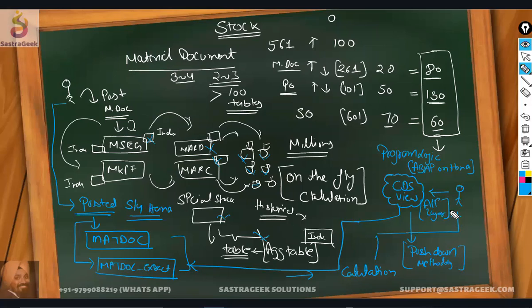So CDS views are pushing down and using SAP HANA capability. It's written in ABAP on HANA. It's using SAP HANA capability to do the fast, on-the-fly calculation. One of the participants was asking that the programs are still not that fast in our S4 HANA system because the old principles of coding have been used. Wherever calculation needs to be done, the statement is very right. ABAPers and the technical teams are not upgraded. They're still creating aggregate tables, which is not required.